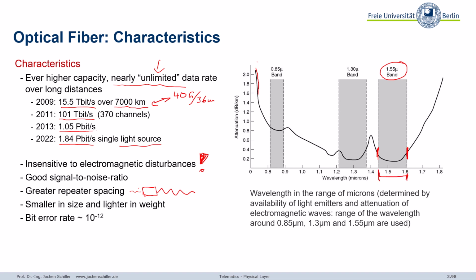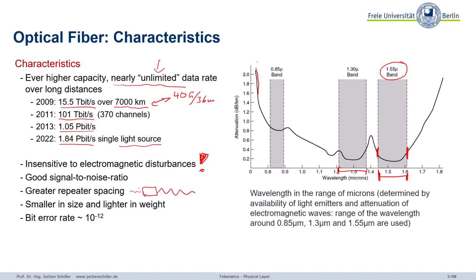If you do the math looking at this bandwidth, and assume very low noise, very good signal to noise ratio, this is why we can have these terabits and petabits, because this is really a big bandwidth compared to the 600 hertz or 200 megahertz of copper wires.